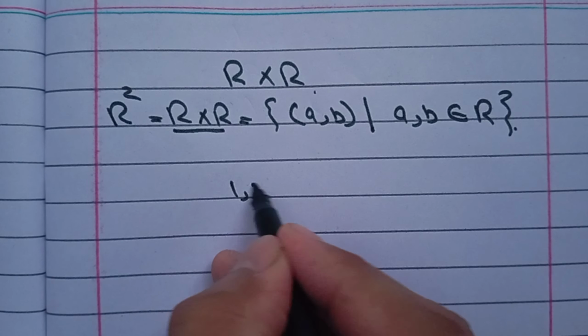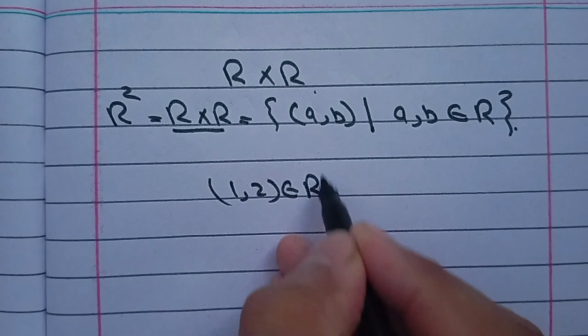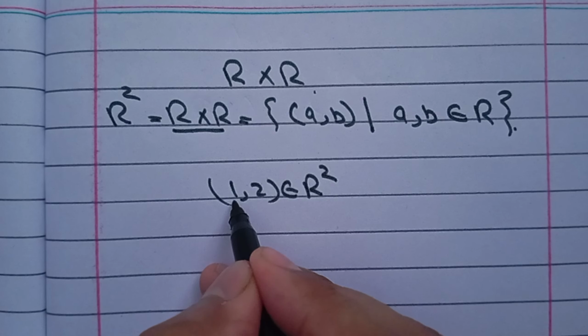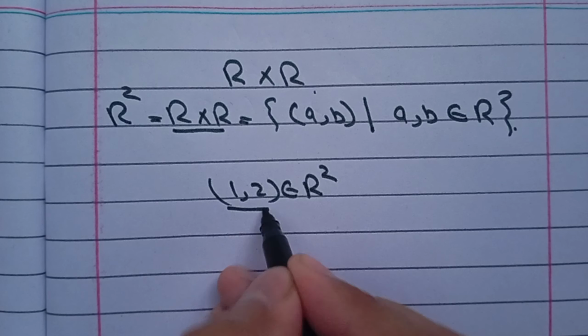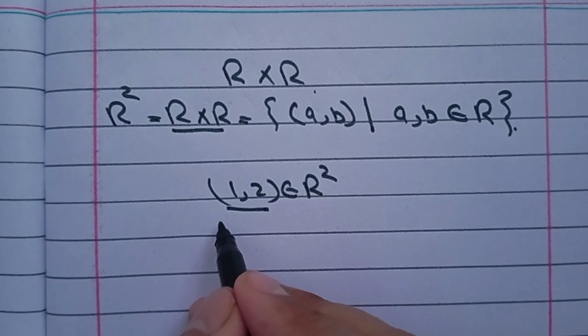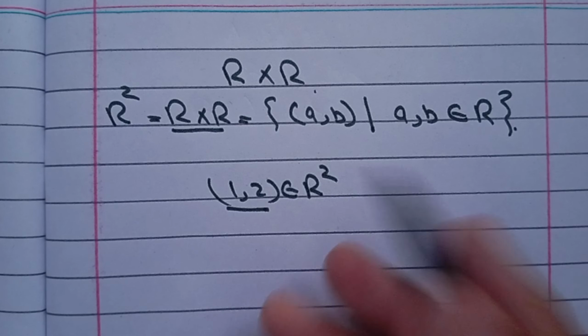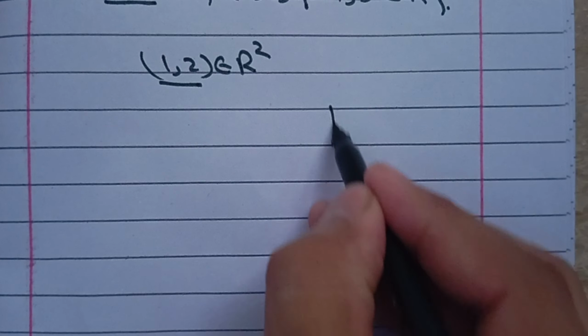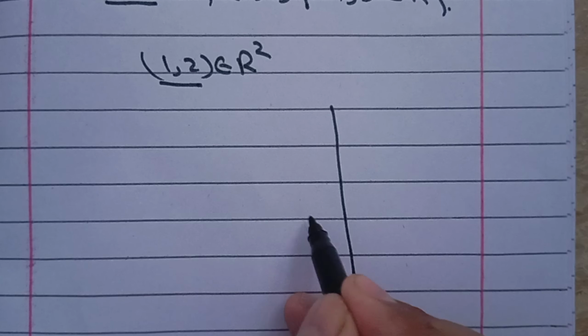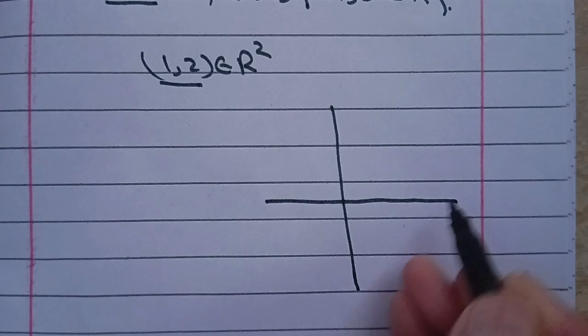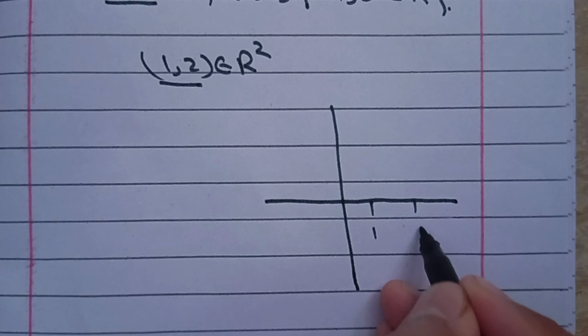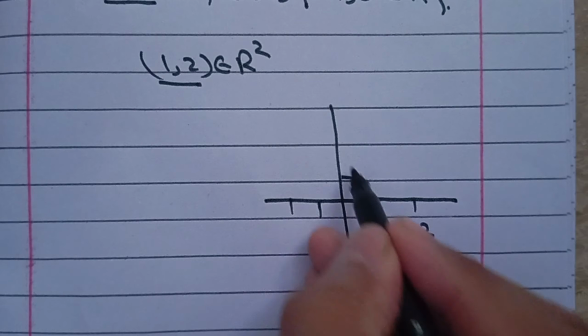Suppose (1, 2) belongs to R square, because both 1 and 2 are real numbers, so this ordered pair belongs to R square. So how can we represent it on a Cartesian plane? One, two.